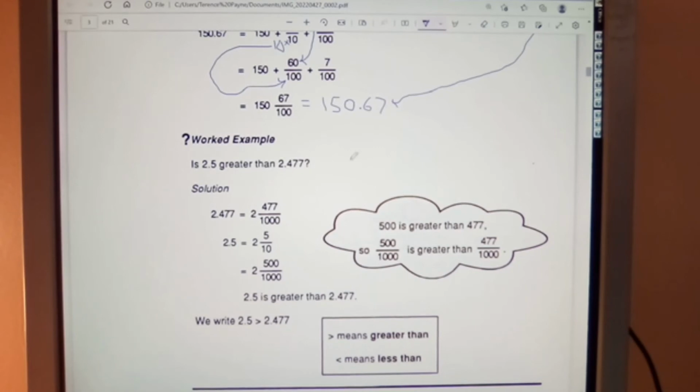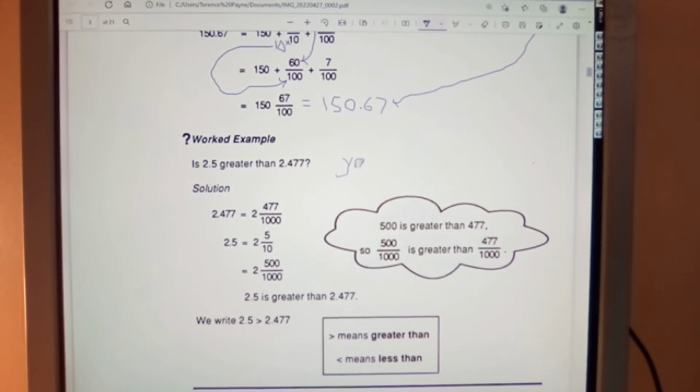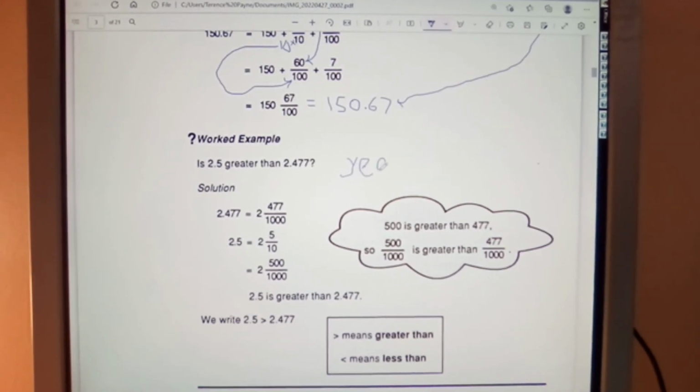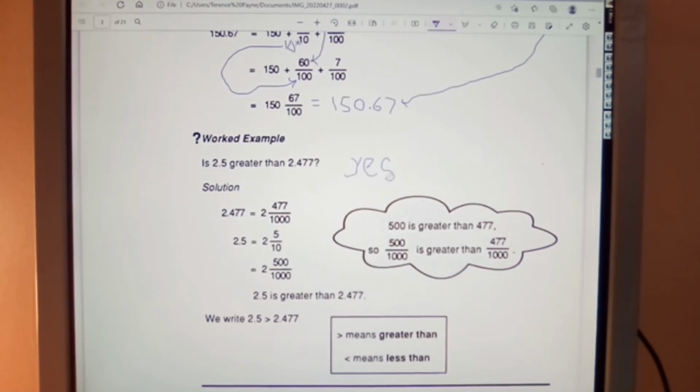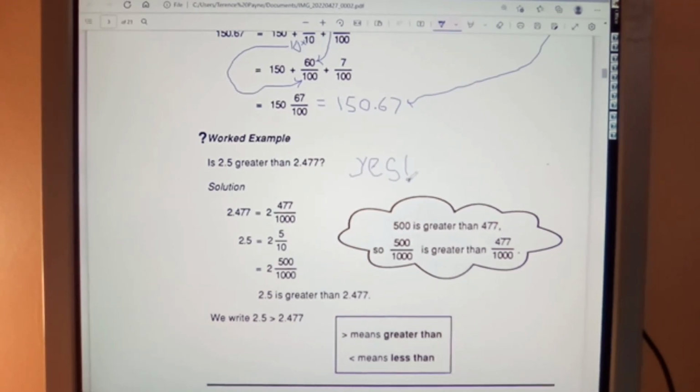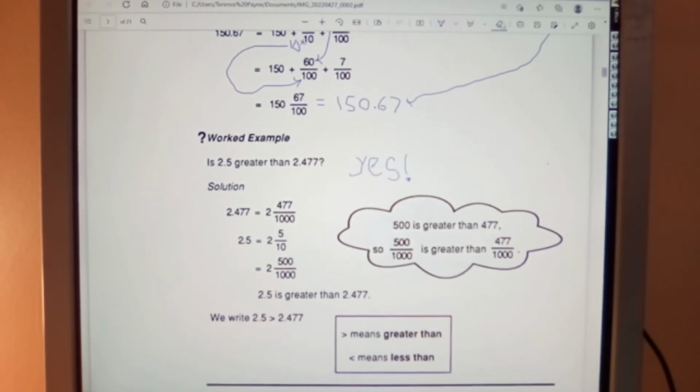Let's put that in, it is yes, okay? Exclamation mark. You better let me take that out, of course. That could be confusing.